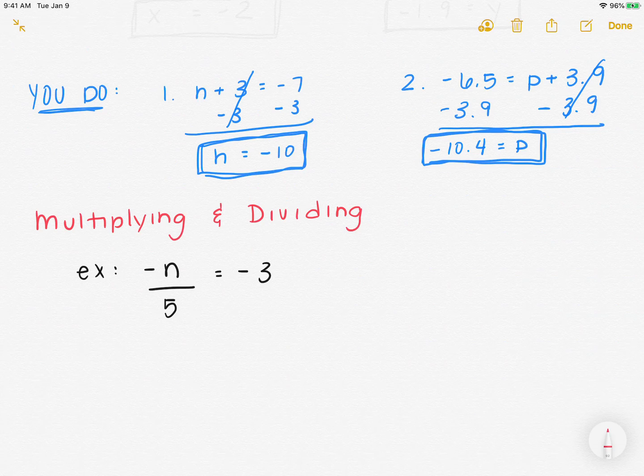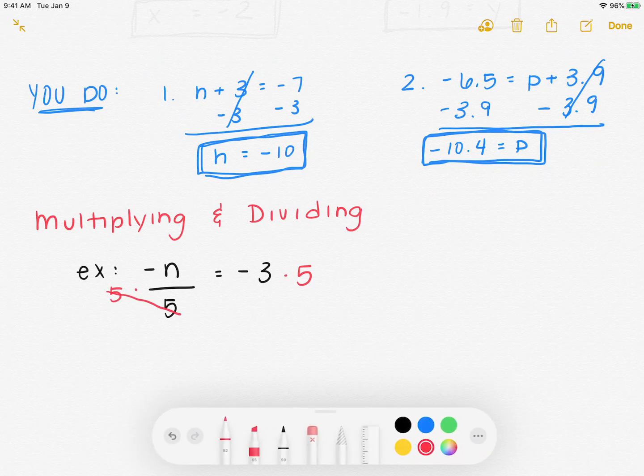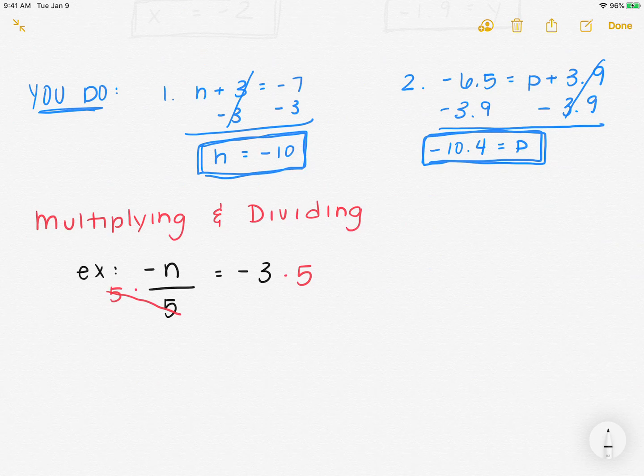Multiplication, right? In order for me to get rid of that divided by 5, all I'm going to do is multiply by 5 on both sides. When I multiply by 5, that gets rid of my denominator. So now I just have a negative n, and it equals -3 times 5, which is -15.